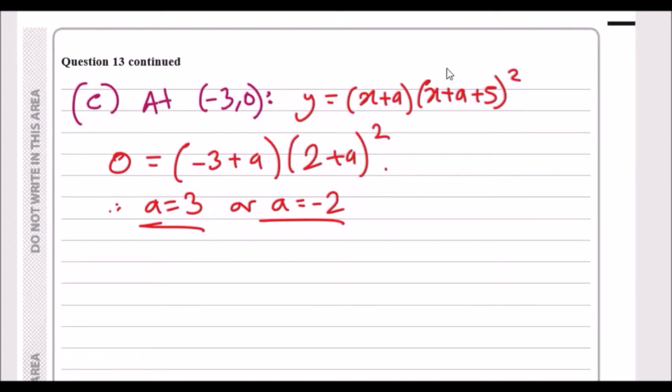Now 5 minus 3 is 2, so that's why I got 2 there. We equate this to 0 because y is 0. Solving this, -3 plus a equals 0, so a equals 3, and 2 plus a all squared equals 0, which means a is -2. And that's it, two values of a right there.